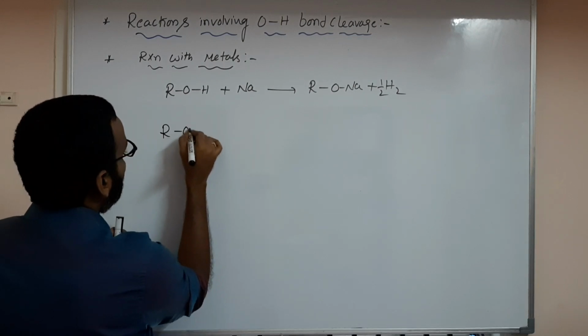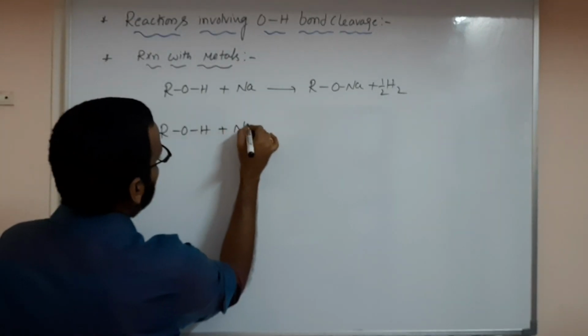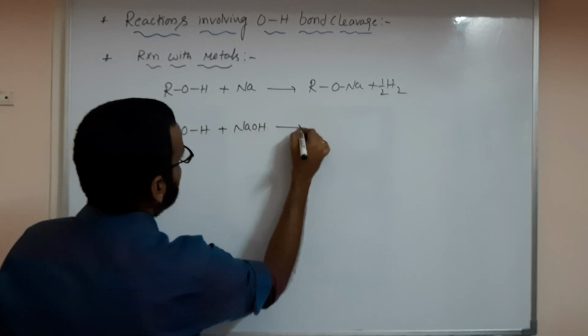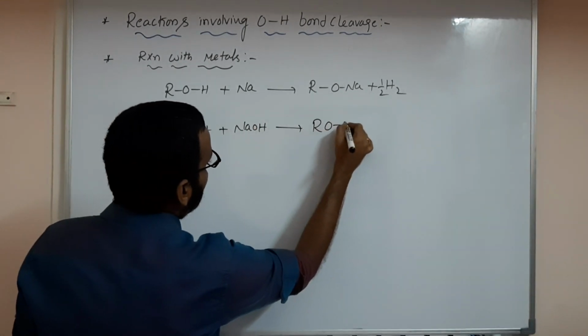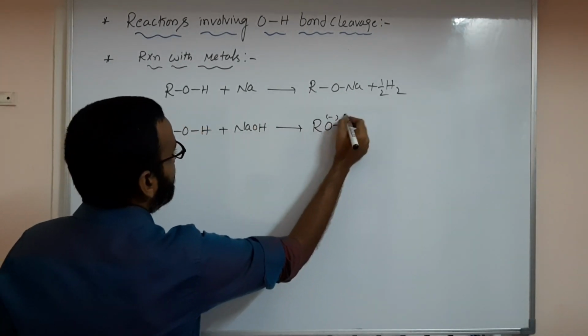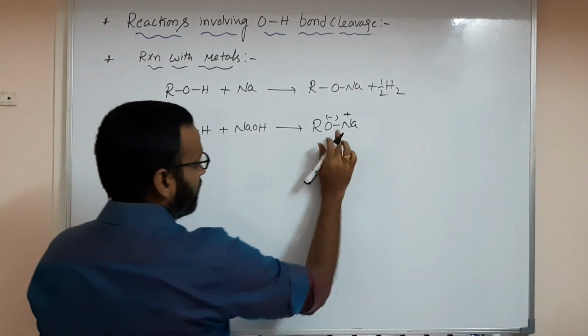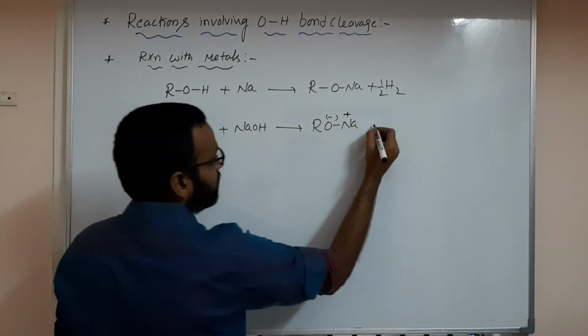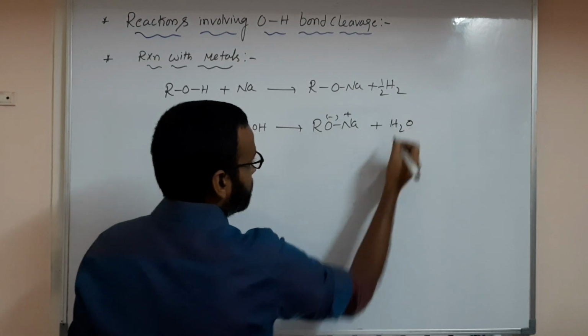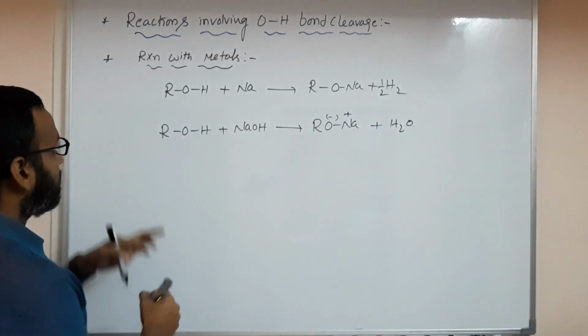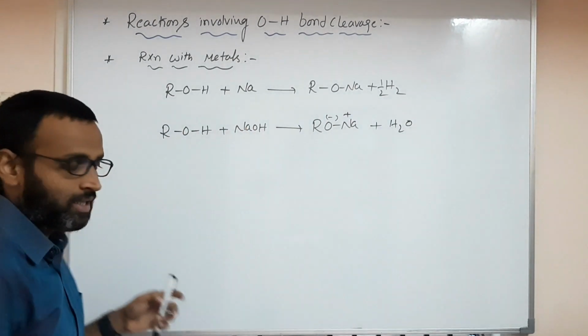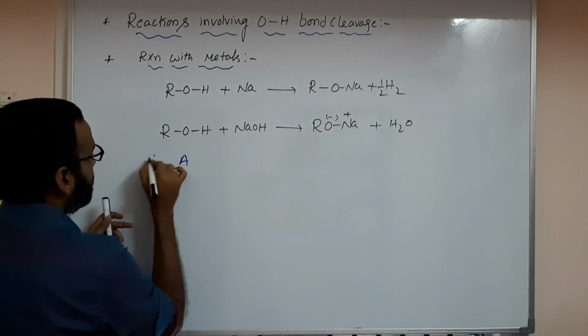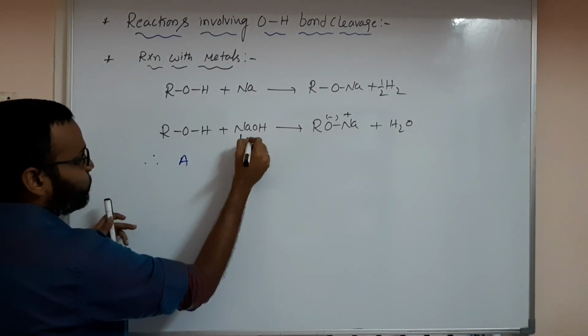In ROH, when reacting with sodium hydroxide, NaOH, we get RONa, that means RO minus Na plus, not covalent bonds, of ionic nature, plus H2O like this. From these two reactions, what can you say? Because this is a base, no?